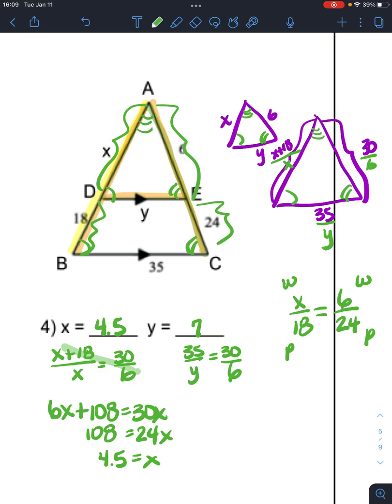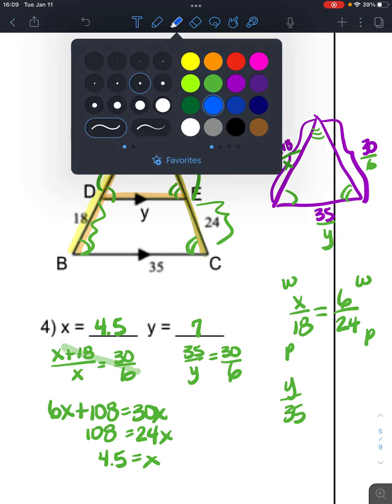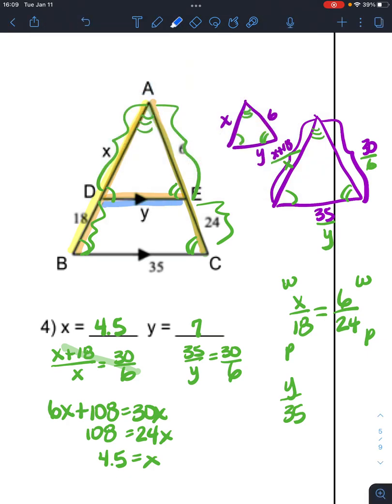Now, that's allowed, but you have to be very careful because when you set it up, you still have to do, if you do y over 35, okay, y is the whole bottom, 35 is the whole bottom, 6 is the whole side, which means you have to use the whole side. So where you're going to get tripped up is right here with that 30.